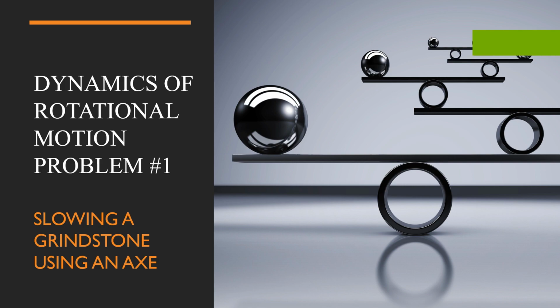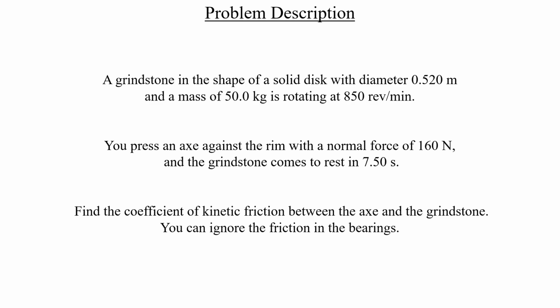There's a new kind of problem here that expands on the rotational concepts that we covered from the previous chapter. In this one, we're told about a grindstone, which has a particular diameter, mass, and initial rate of rotation. And we're going to sharpen the blade of an axe by pressing it against the rim of this grindstone while it spins.